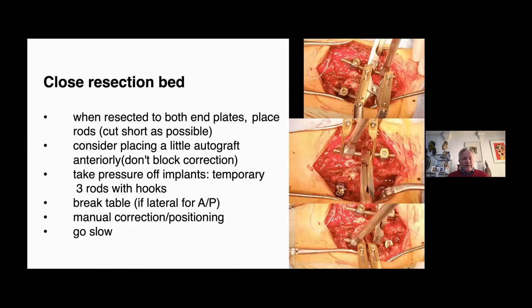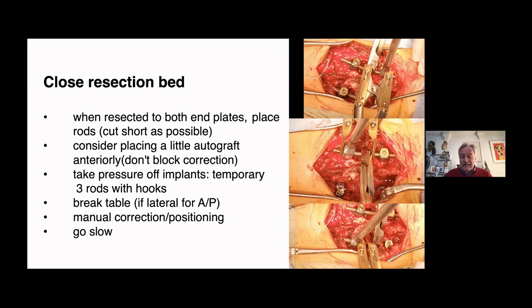And once you have done the resection, you have removed the hemivertebra, then you have to put the rods. You can pre-bend the rods into the kyphosis, and then you can rotate the rod out of the kyphosis, and you can create a lordosis to correct also the kyphosis. You can use distraction on the concave side, and you can use compression on the convex side.